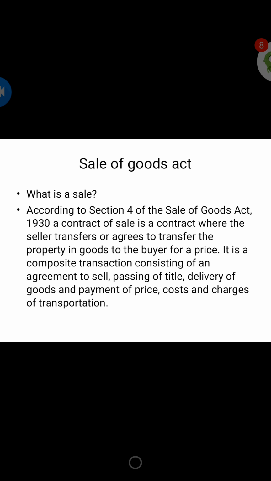To the buyer. There should be consideration, which is nothing but both parties getting something in return. The goods are the consideration for the buyer, and the price or the money you pay for those goods is the consideration for the seller.